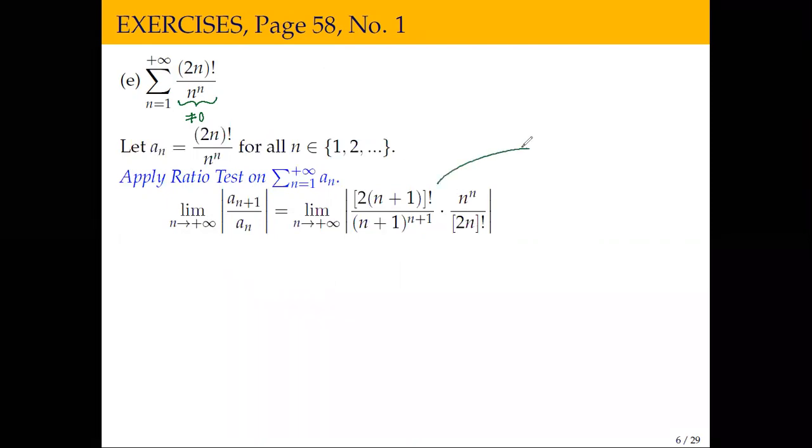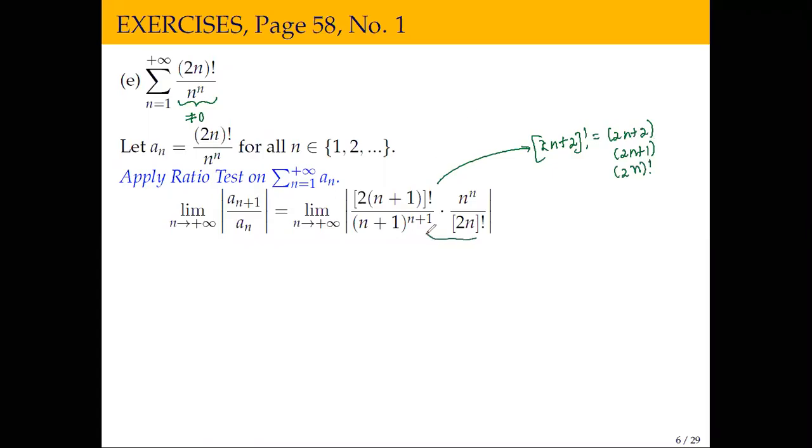In here, 2n plus 2 factorial is just... So meron ka ditong 2n plus 2 factorial. This is just equal to 2n plus 2 times 2n plus 1 times 2n factorial.